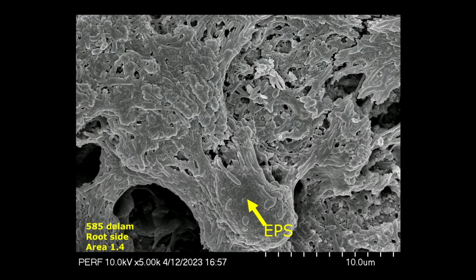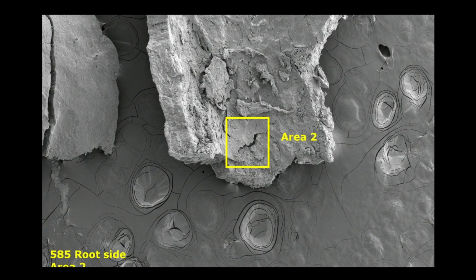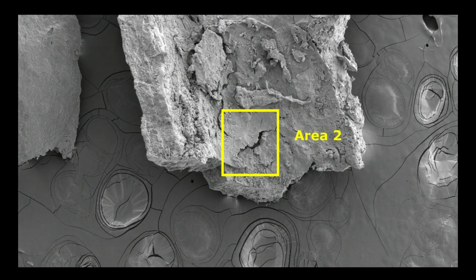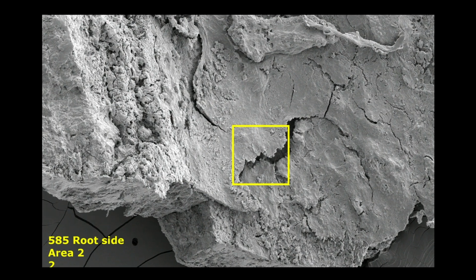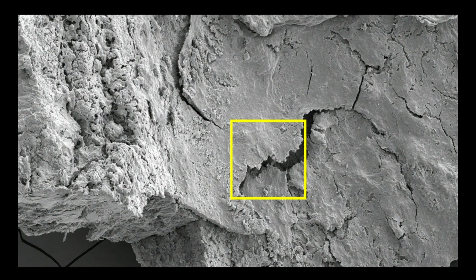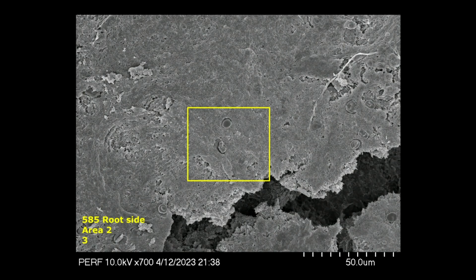So here you can see individual organisms and also organisms that are buried in EPS. So you have a pretty good sense of what to look for when you're looking for EPS embedded organisms. They do have a certain presentation.